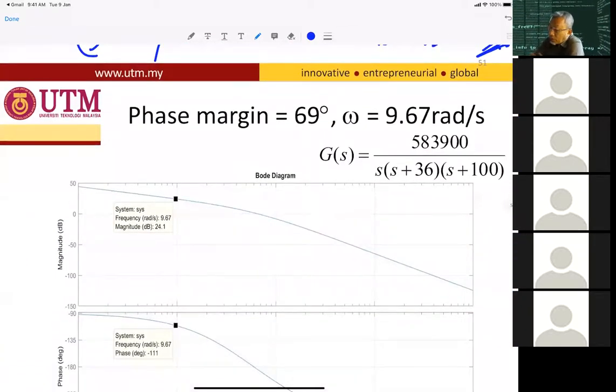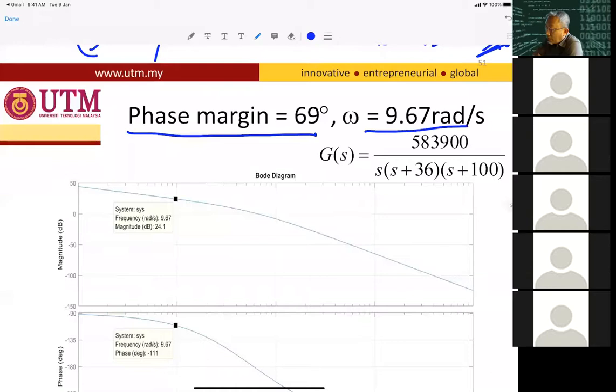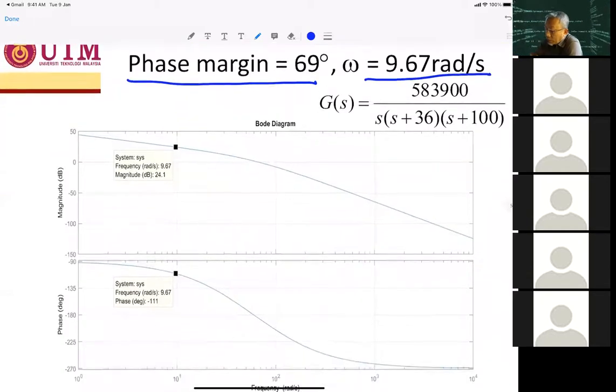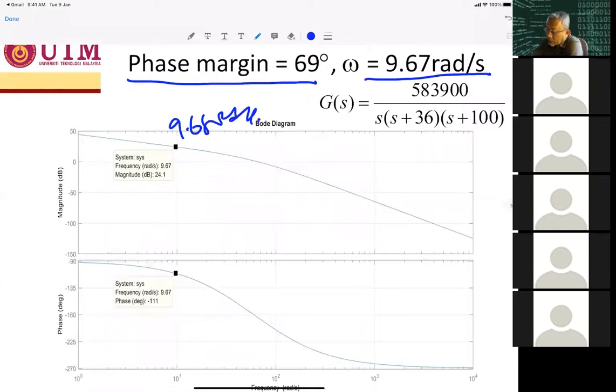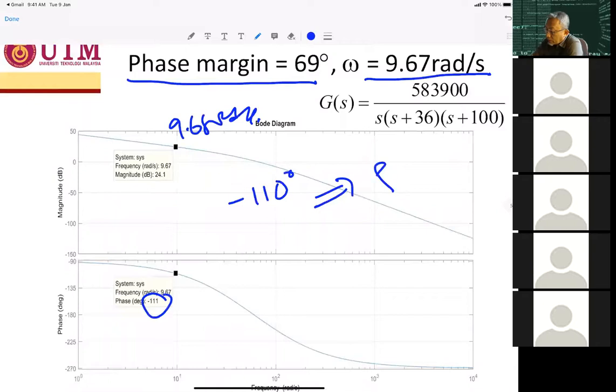The phase margin is about 69 or 70 degrees, which occurs at 9.67 radian per second. So when we plot here, at the frequency of 9.68 radian per second, it will give you a phase of minus 110 degrees. So this will give you a positive phase margin of 70 degrees.